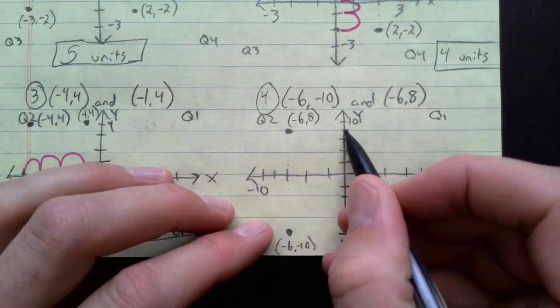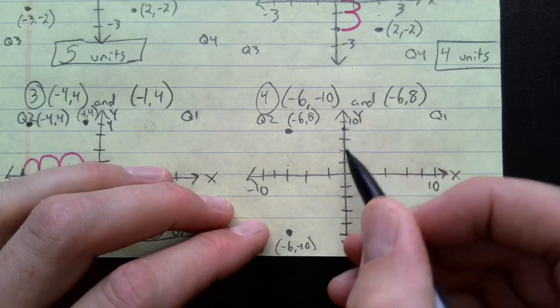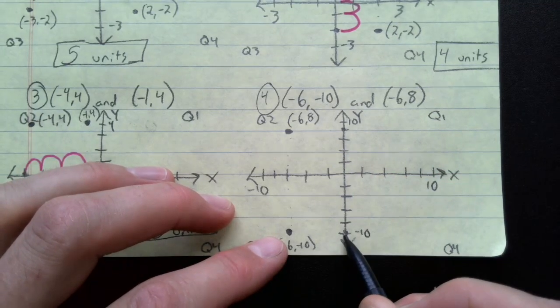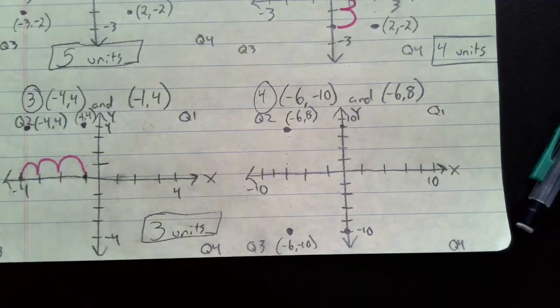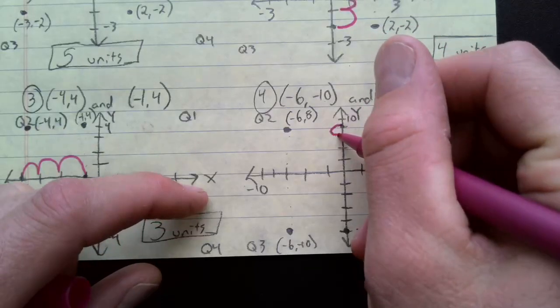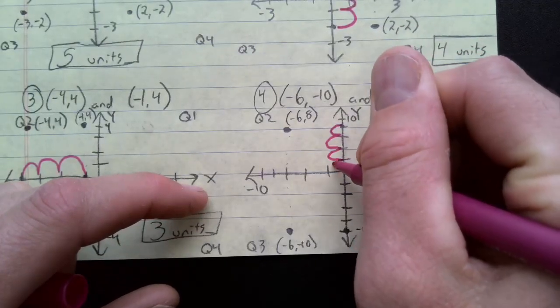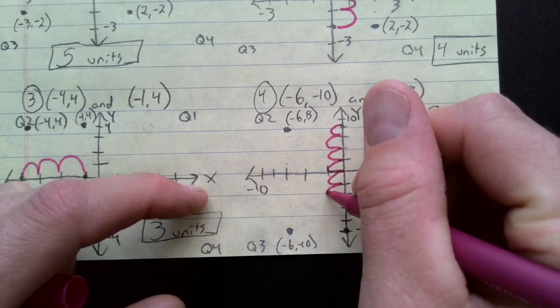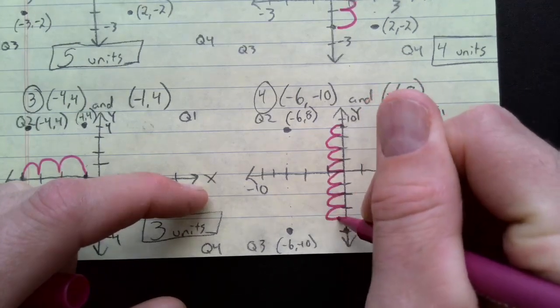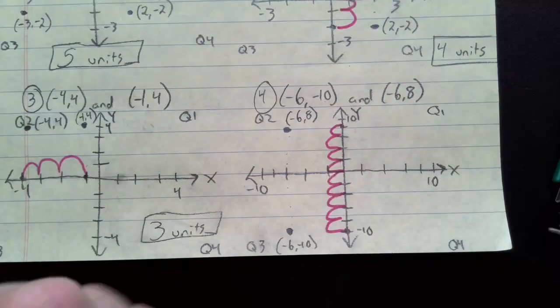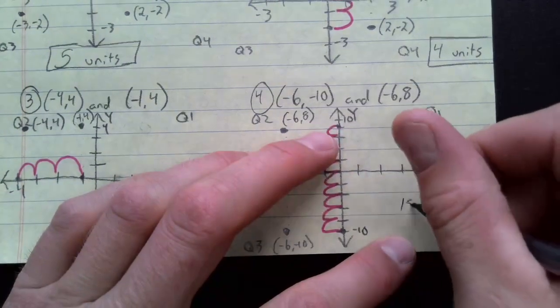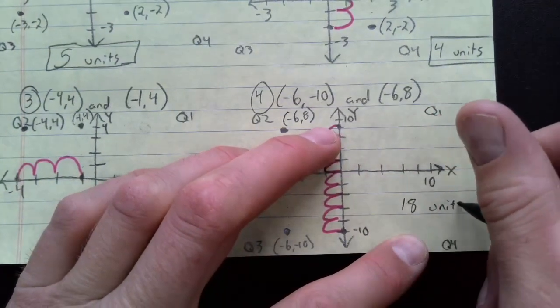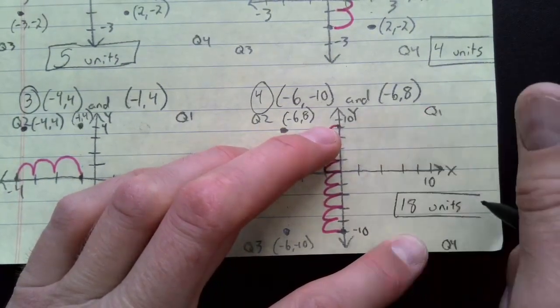Put a little point right next to where that point is, right next door, and then just count your jumps. 2, 4, 6, 8, 10, 12, 14, 16, 18. Your answer is 18 units. 18 units is your answer.